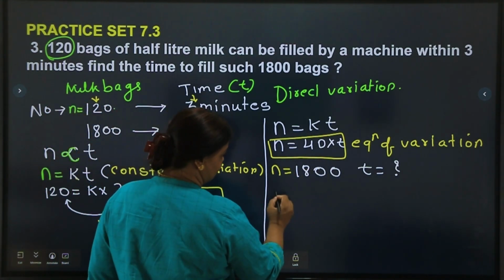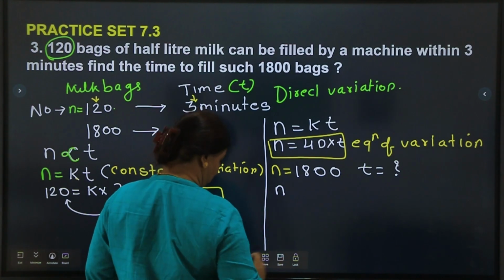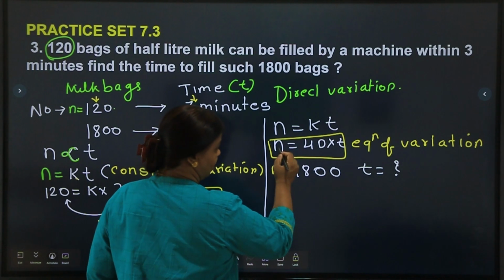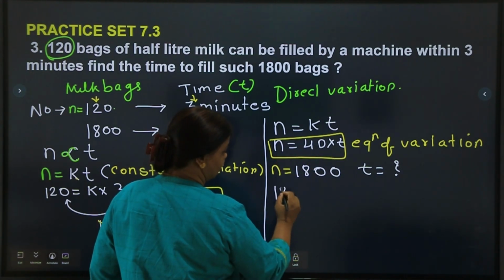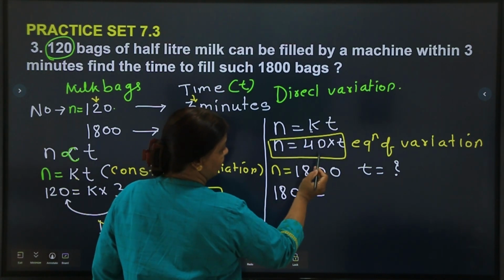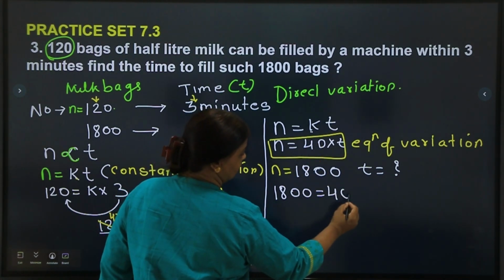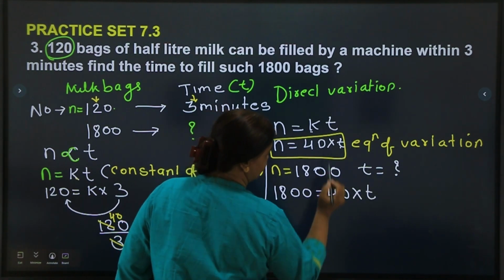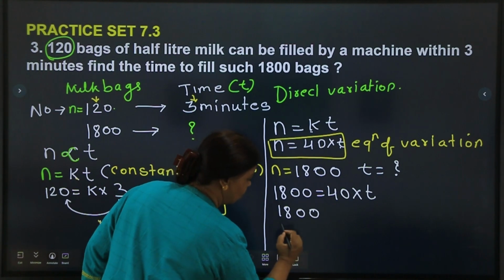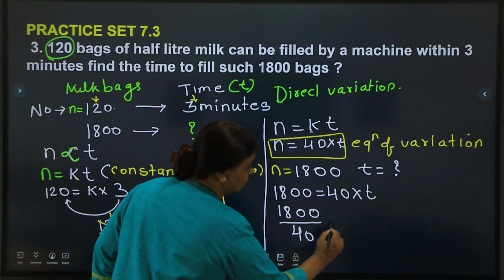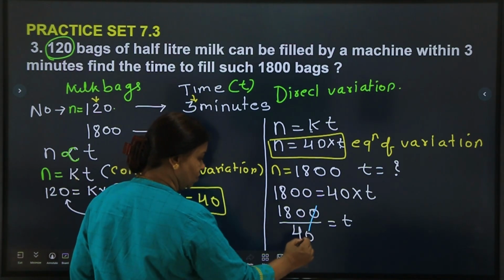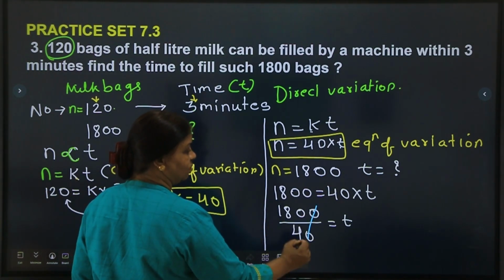So the equation is this. The n value here is how much? 1800 is equal to k, which is 40 already, into time taken. Yes, 40 will come down: 1800 upon 40 is equal to t. 0 will cancel by 0 and 180 will cancel by 4.